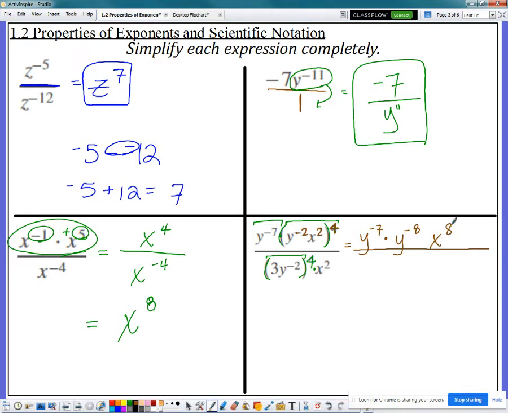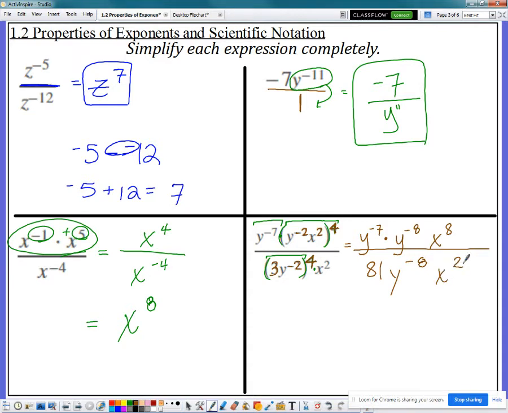Divided by, we're going to take 3, raise it to the 4th power. So 3 raised to the 4th is 81. We have y raised to the negative 2, which is then raised to the 4th power, which is negative 8. And then we get x squared at the end.